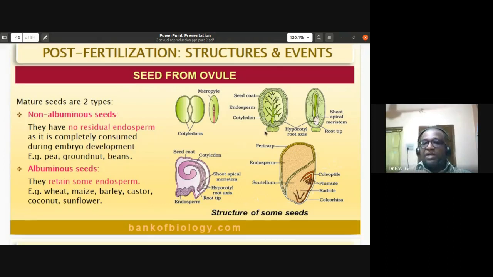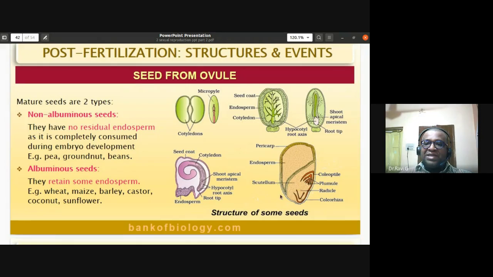I especially wanted to show you the castor seed. In this castor seed, the white part outside is what we call the caruncle. You can notice the white part within the seed of castor, it is the endosperm. The hypocotyl axis is there. Similarly, you can see the structure of some seeds.